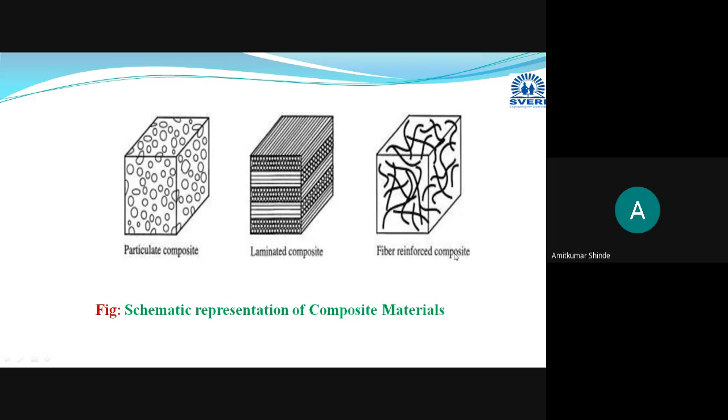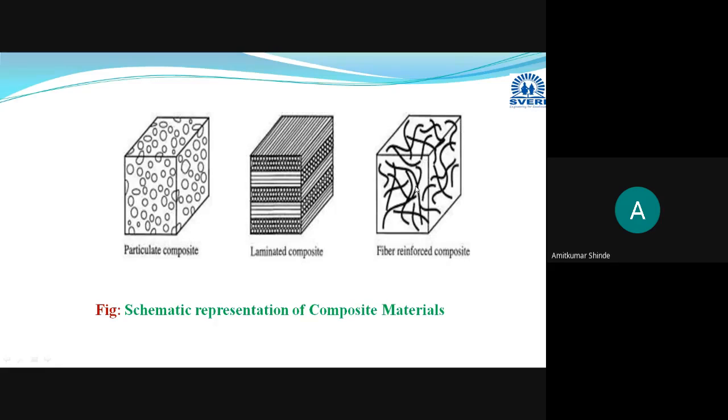Now here, this matrix material will be soft and malleable in nature, and the fibers we have introduced here will have high strength and high hardness. The resultant material formed by the combination of these will be termed as fiber reinforced composite.